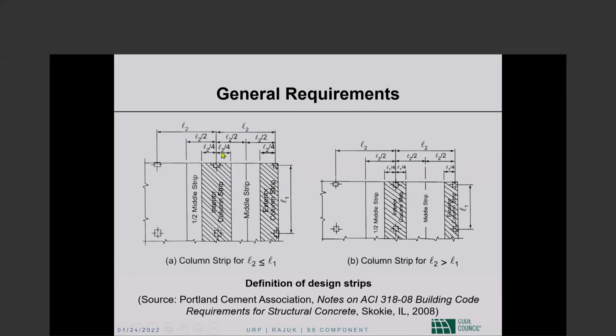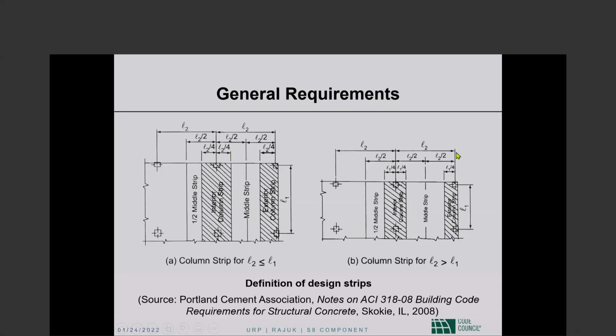The half column strip here is L sub 2 over 4. So the remaining L sub 2 over 2 is the middle strip. I think you get the idea. Now, if this span were different from that span, if this were L sub 2A and this were L sub 2B, this would be L sub 2A over 4 and this would be L sub 2B over 4. Okay.